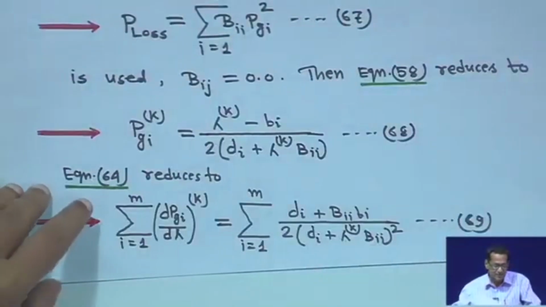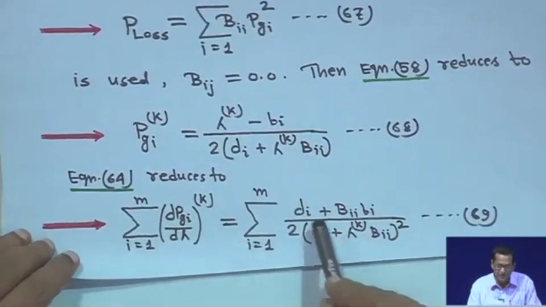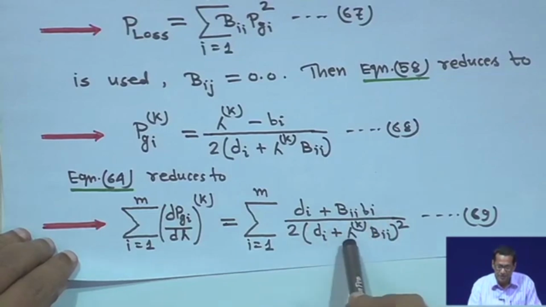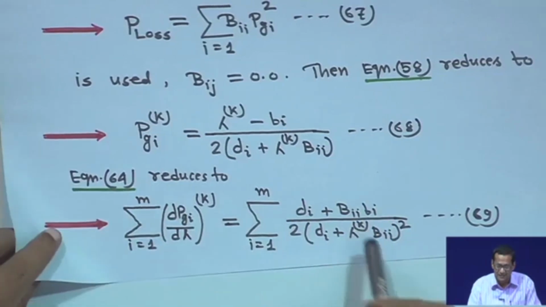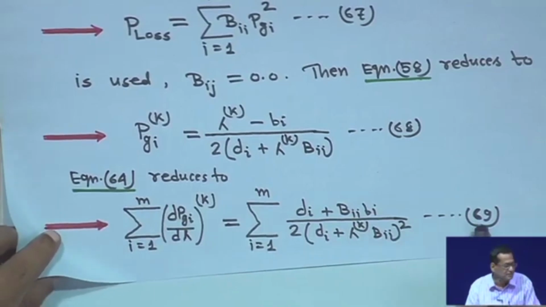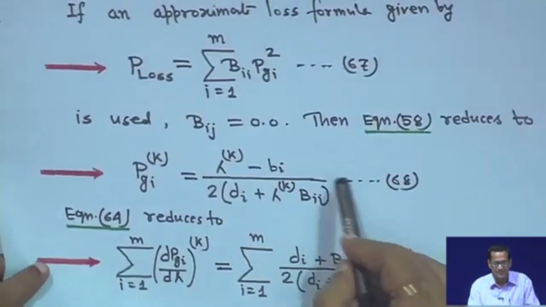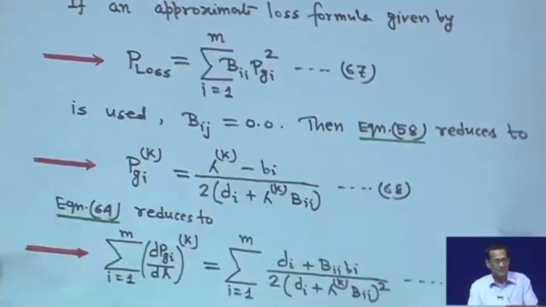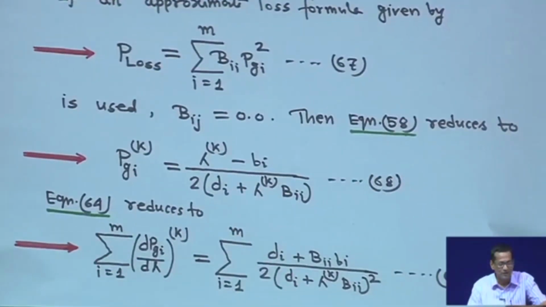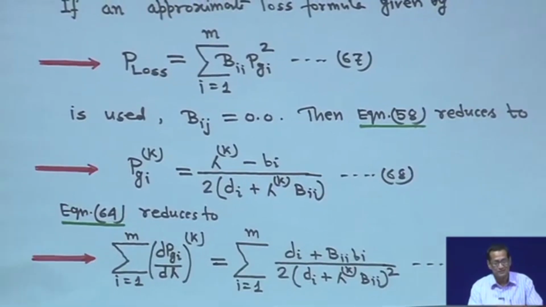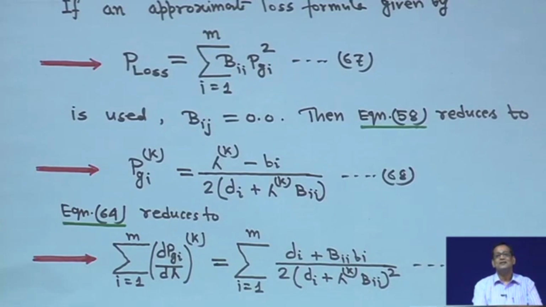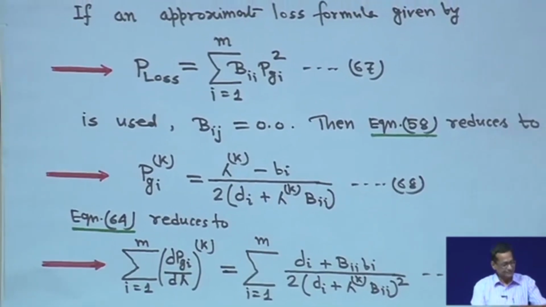That means this equation will simply be di plus Bii into small bi, divided by 2 into di plus λ at the kth iteration into Bii, whole square. This is equation 69. This is a simple example I gave, if Bij's are not there. So this is how one can find the λ values iteratively.